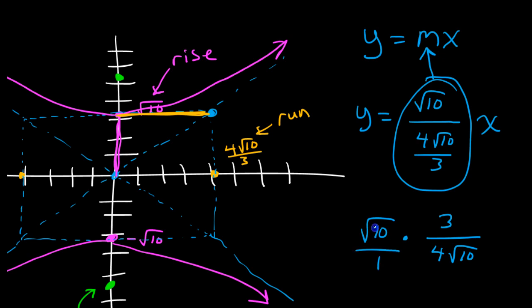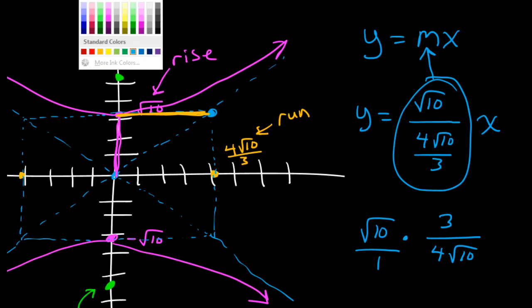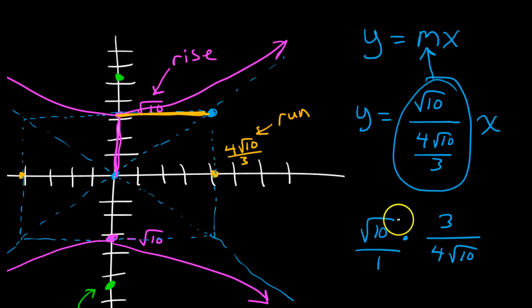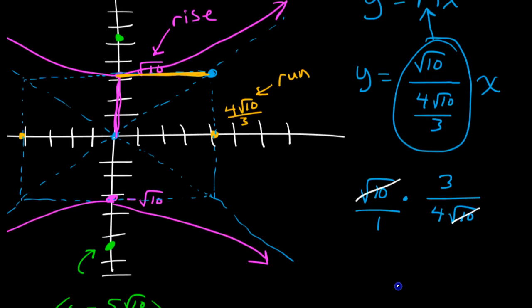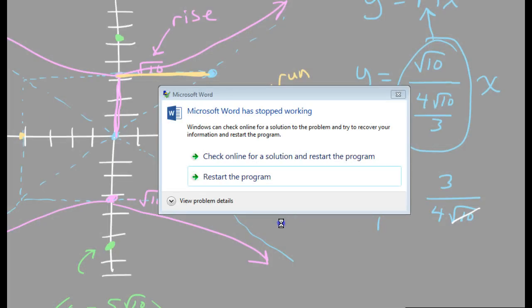Okay, so this radical 10 is in the numerator. Now I have a radical 10 in the denominator. So that's great. I can definitely cancel out these radical 10s. Oh, really? Really? You know what? I'm going to keep talking. So that radical 10 went away. All I have left is 3/4. So the slope is really just 3/4.